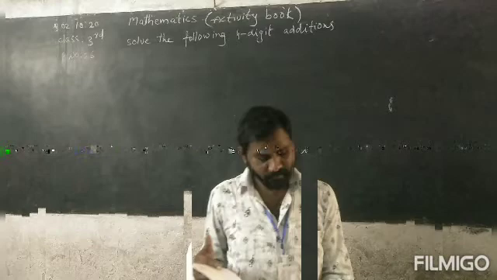Next, 1,392 plus 4,505. See here, first we add the digits in ones place. These are the ones place digits.